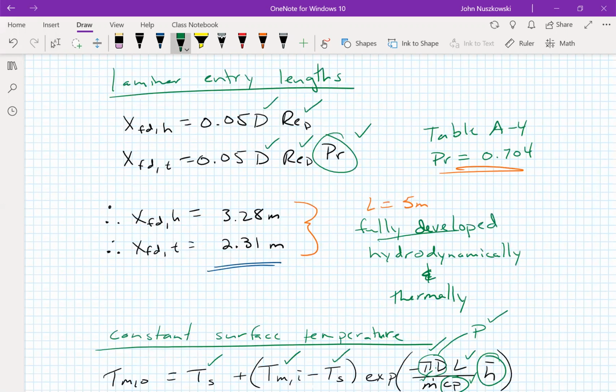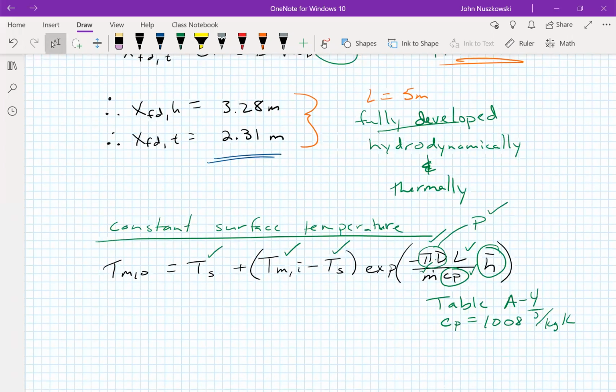But if they wanted to be really tricky, they could have given you the h for fully developed when it wasn't fully developed. Then you would have had to grab something different. Whether it's fully developed or not really changes the convection coefficient and the equations you use to determine it. In this case it is fully developed, so we can use the h that we were provided, and we have everything there.